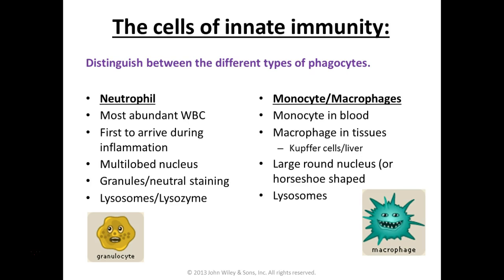The histiocytes in the skin, again, just resident macrophages, right? A more specific name denoting what tissue it's found in. But still the same thing. It's a macrophage. It's an eater, right? Large round nucleus, as we said, or sometimes that characteristic horseshoe shape.